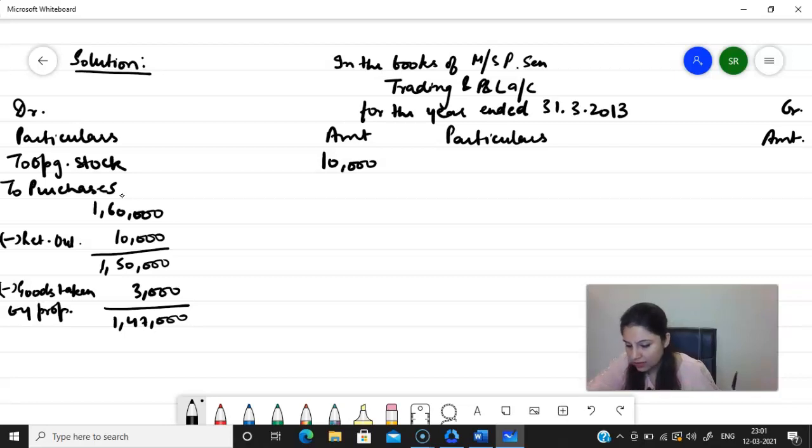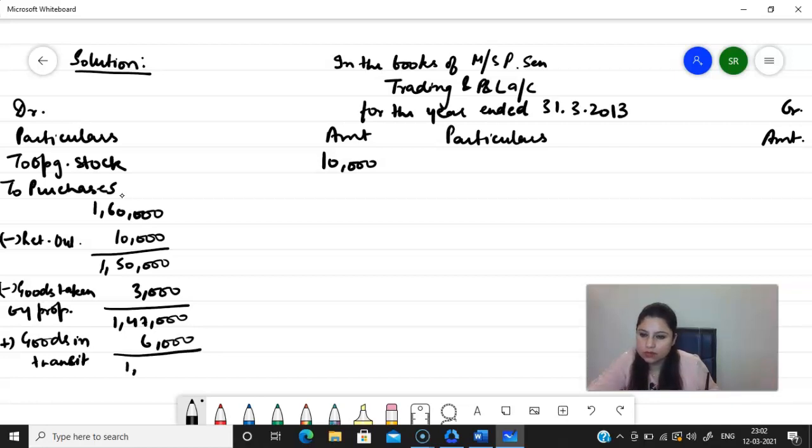Again, we have also been given that goods purchased for 6,000 are still lying in transit. Until and unless they are delivered or they have reached their final destination, the sale would not be determined. The recognition of revenue cannot be done as the goods are still lying in transit. So we cannot consider it as a sale. Thus we would be adding such goods in transit back, worth rupees 6,000.